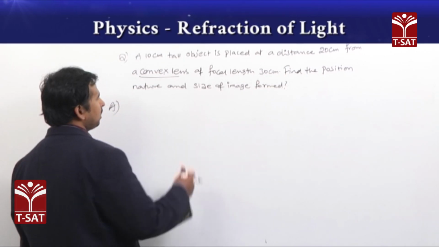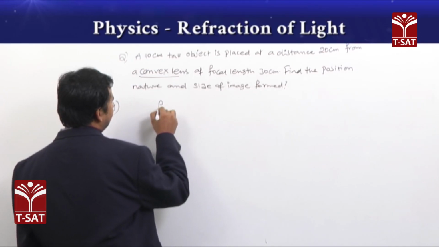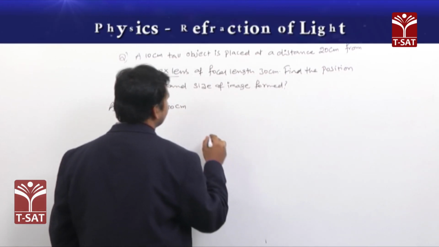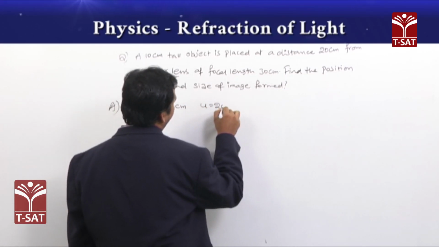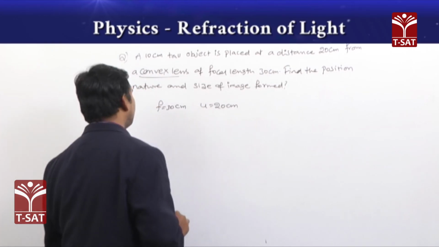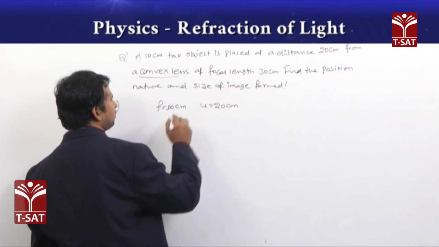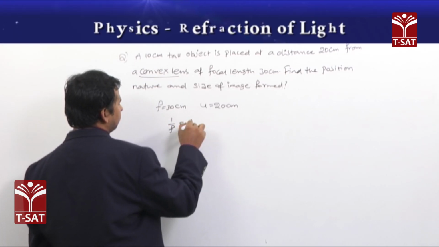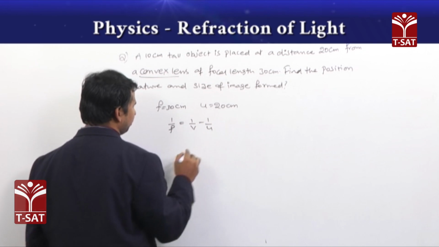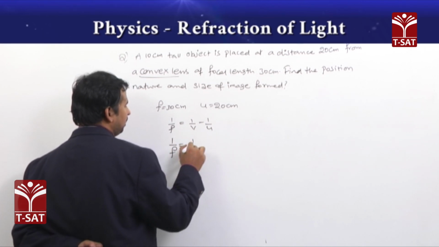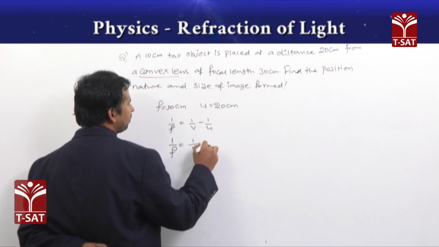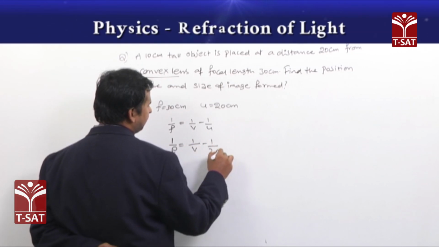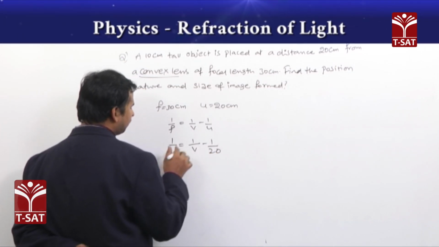Okay. Then we take the f value given as 30 centimeters and the object distance u given as 20 centimeters, placed between f and optic center. Then 1 by f is equal to 1 by v minus 1 by u, where v we don't know, the object distance is 20 centimeters, and the focal length is 30 centimeters.